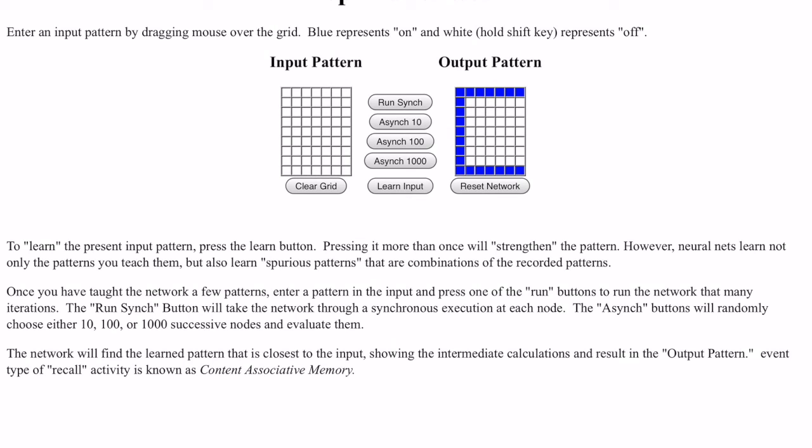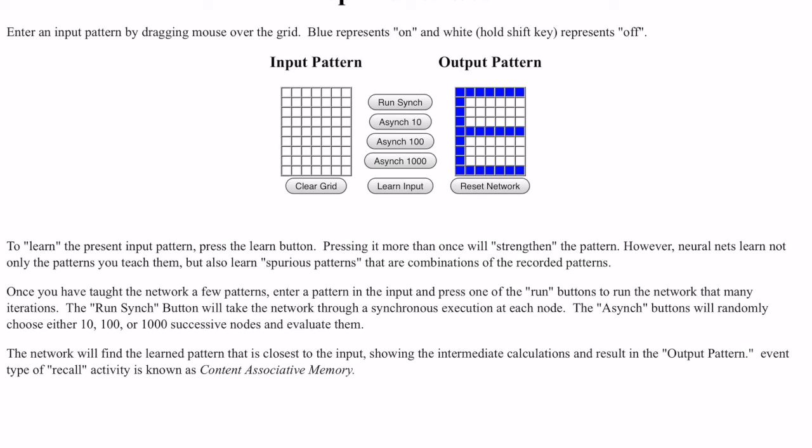And then I try to maybe learn a new input pattern. Maybe this one here. Something like this. So this is an E. Capital E. And then I also learned that input pattern.